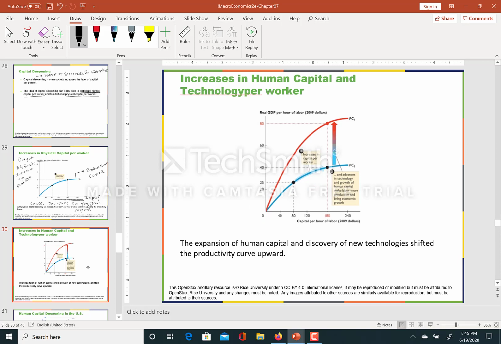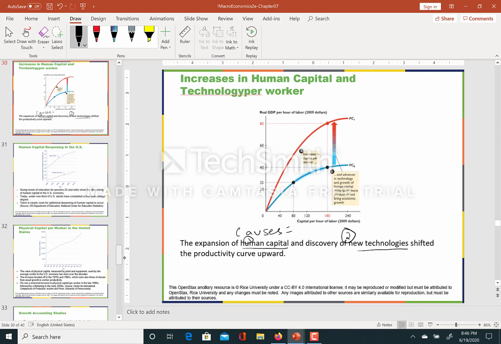Now, what happens if we increase human capital and if we increase technology? So in this curve, I still have capital per hour of labor, but I have different causes here. I have two different causes. Number one, we can have increase in human capital per hour of labor. Number two, we have increase in new technology.